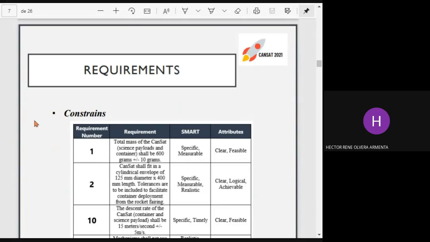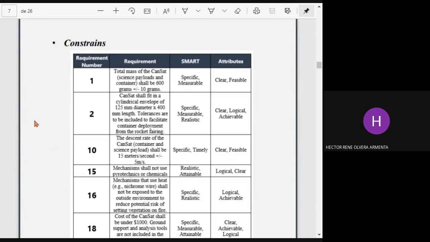Here are other kinds of requirements, and these are the constraints, the limitations that the structure has to accomplish. As we can see, the CANSAT shall be 600 grams, more or less 10 grams. Why is this?